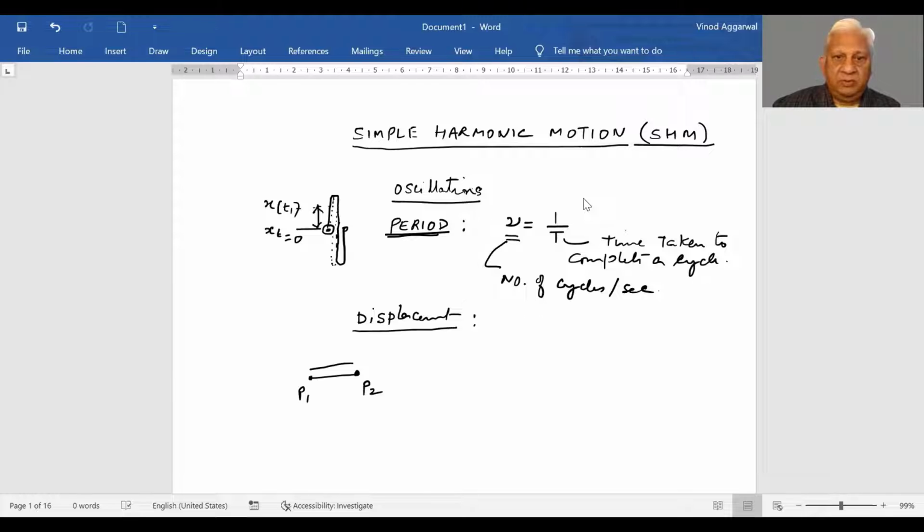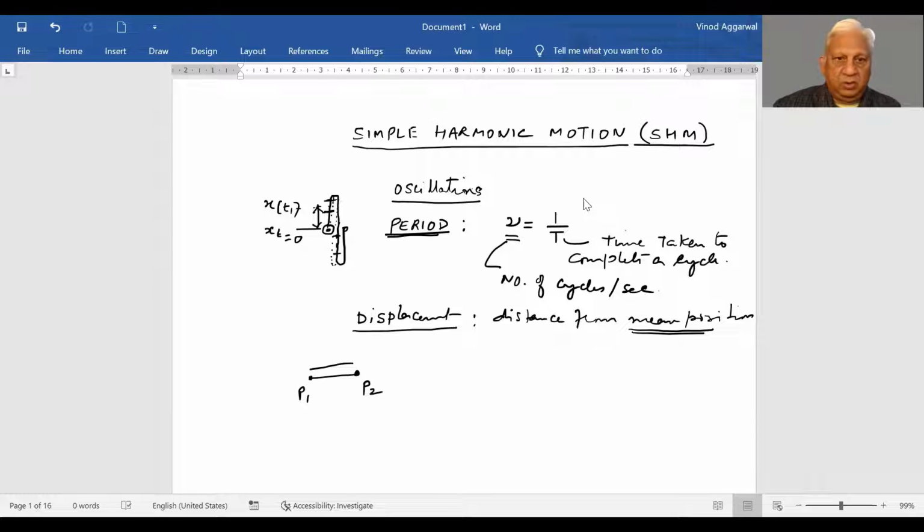So displacement is nothing but distance from mean position. It need not be from mean position, but for sake of simplicity, we take it from mean position. You can have displacement from this point to this point also, or any place.